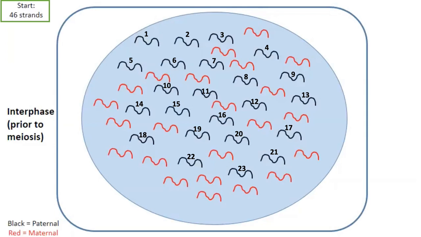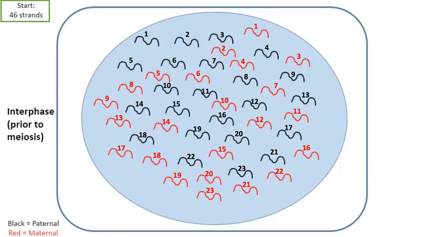And right now, the red strands of DNA are being added. So these are the maternal strands of DNA, and by now you must have noticed that there are 23 maternal strands of DNA in red plus the 23 paternal DNA strands in black.